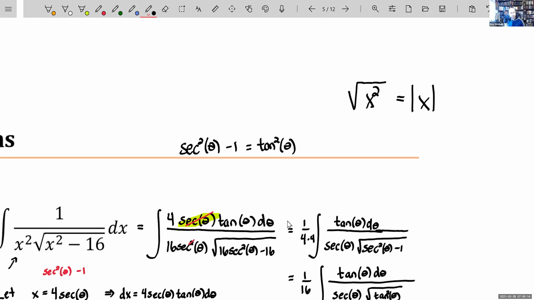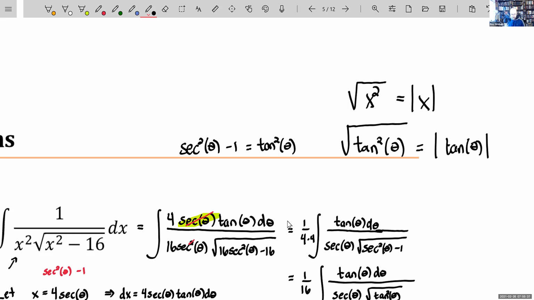The square root of x squared is the absolute value of x. It's not x. So it should be the case that the square root of tangent squared of theta is the absolute value of the tangent. However, there's something very special about our substitution.